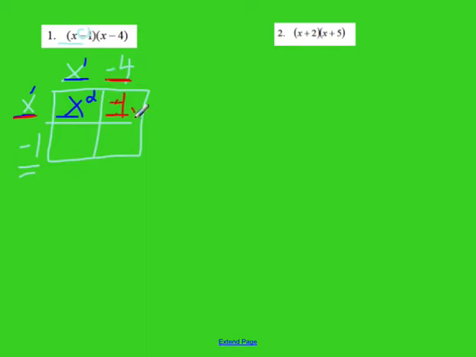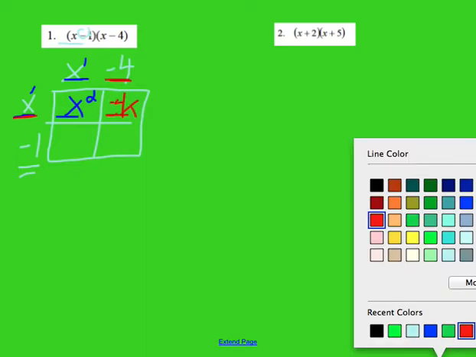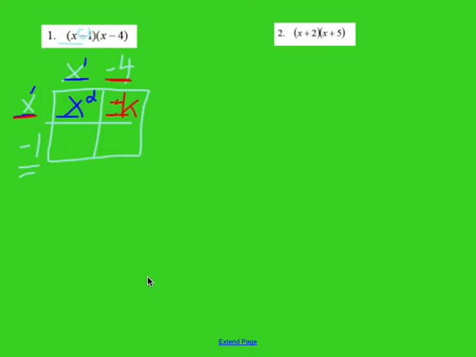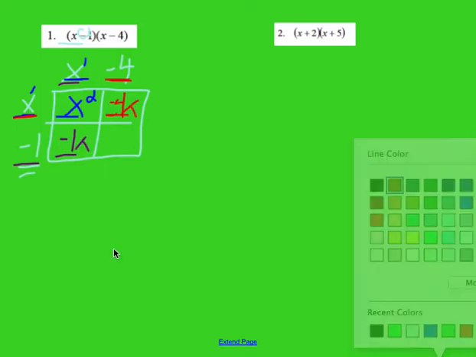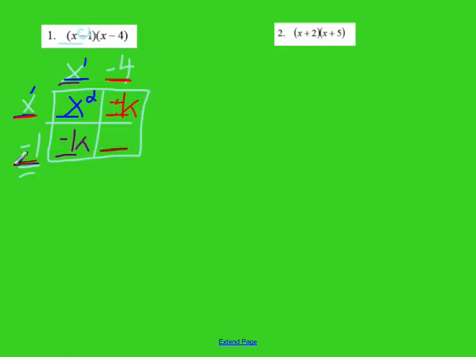Negative 4 times x is negative 4x. Next, I need to multiply this times this and put that here. Negative 1 times x is negative 1x. And last but not least, for that last box here, I need to multiply negative 1 times a negative 4. Negative times a negative is a positive. 1 times 4 is 4.